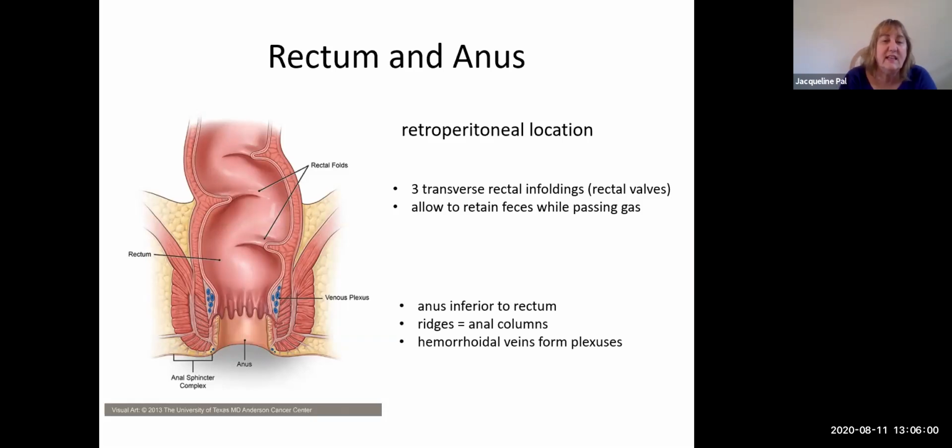Now, the anus is inferior to the rectum, and if it looks like it has ridges, it's because it does have ridges. These are called anal columns, and sitting behind the anal columns, we have this venous plexus of hemorrhoidal veins. So everybody has these internal hemorrhoids, and then if you've had to push a lot, sometimes these internal hemorrhoids become external.